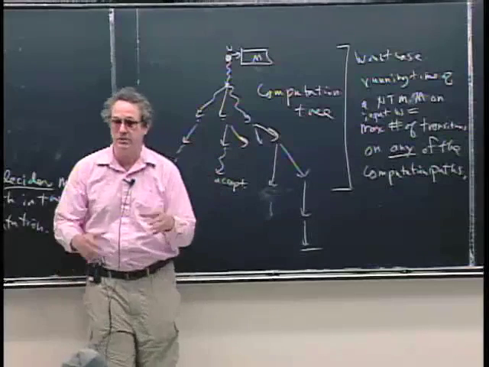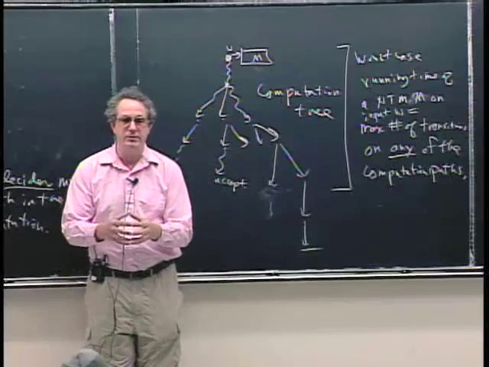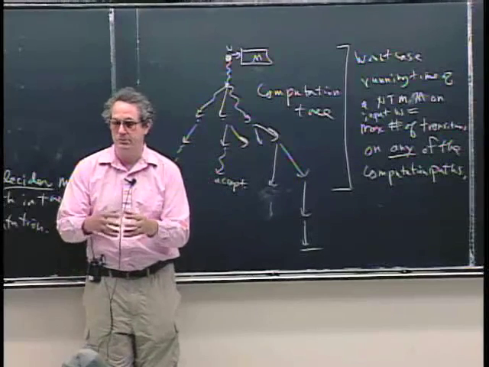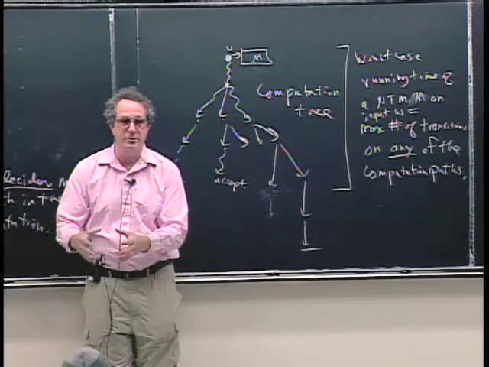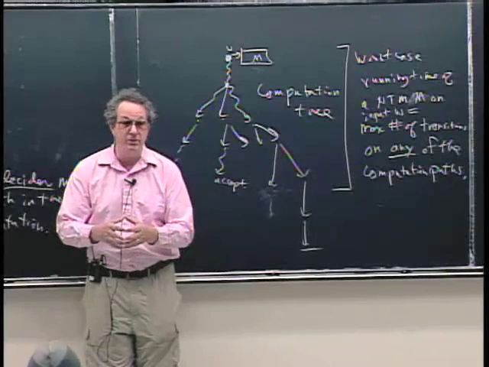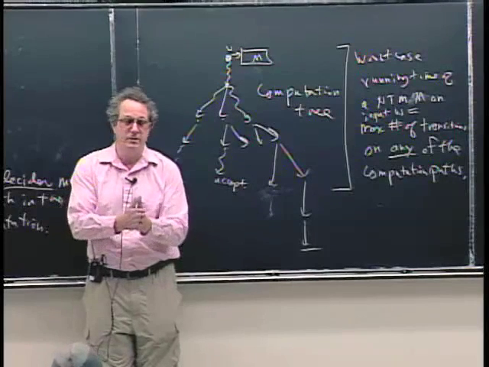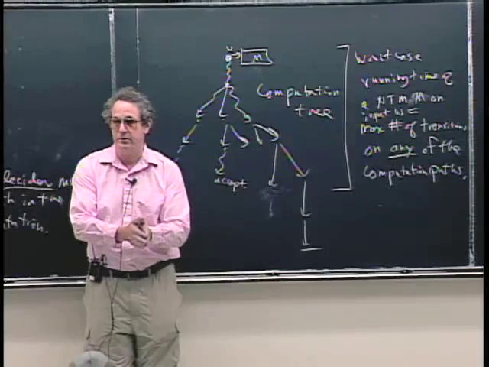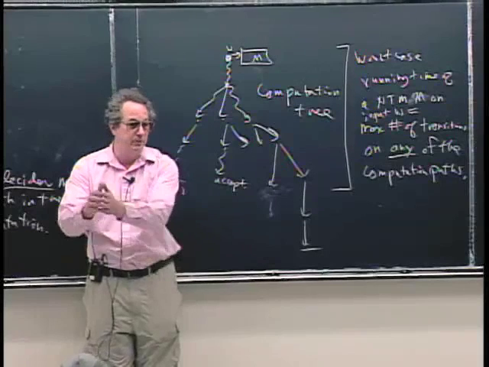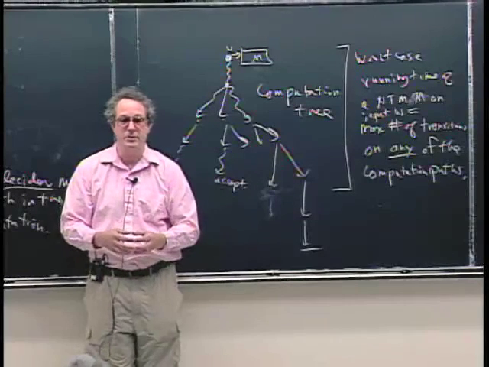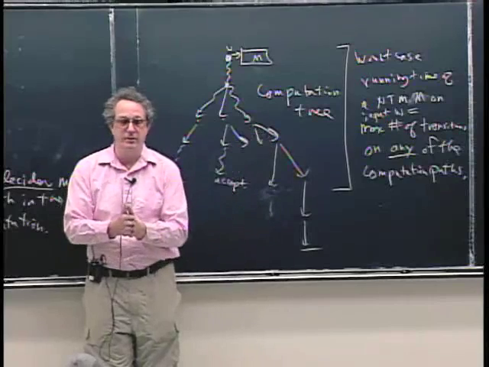So if you actually talked about turning this non-deterministic computation into a deterministic computation, which we know how to do because we showed that for every non-deterministic Turing machine, there's an equivalent deterministic Turing machine which simulates it. We showed that earlier.